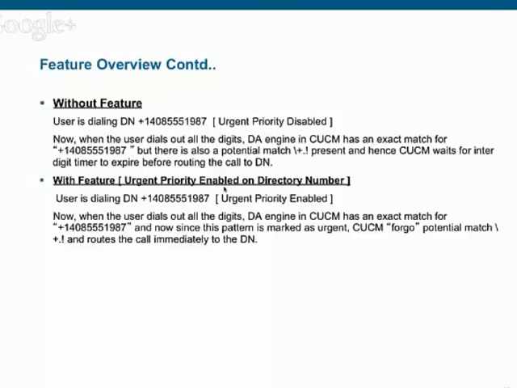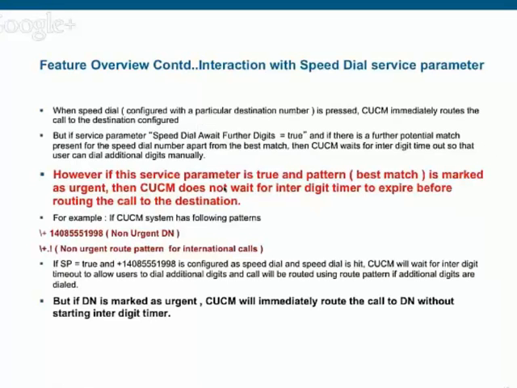And with this feature enabled, since CUCM knows that it has to route this call based on the match it found, it does not wait for that particular 15 seconds of the timer to kick off.